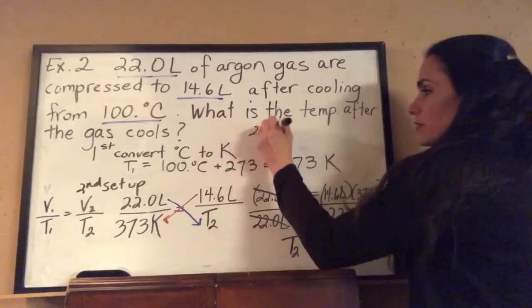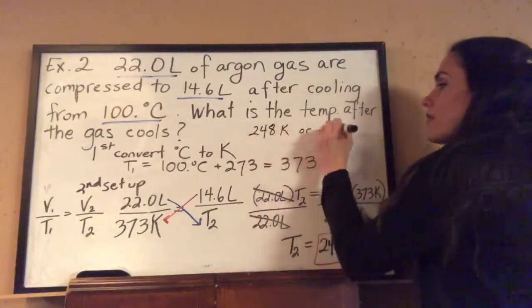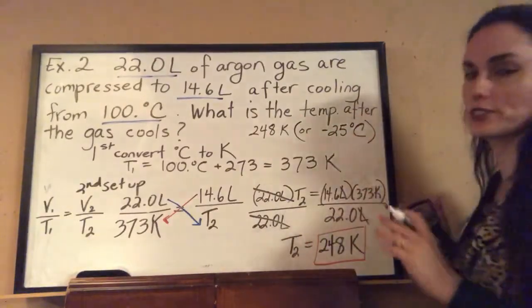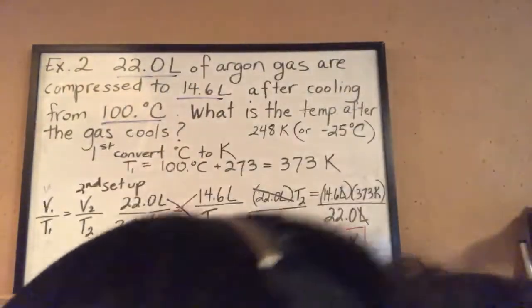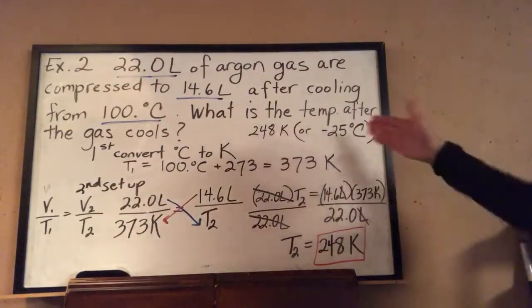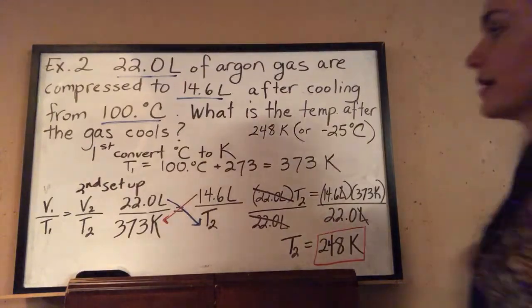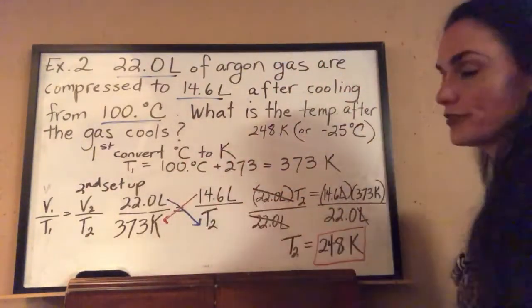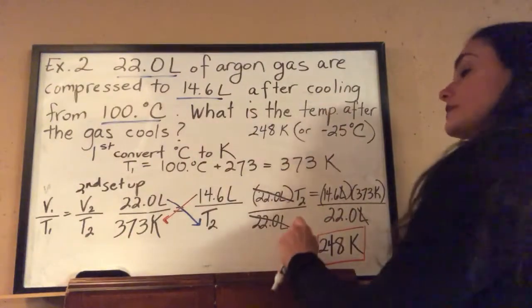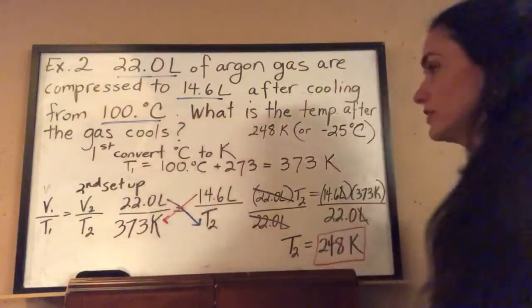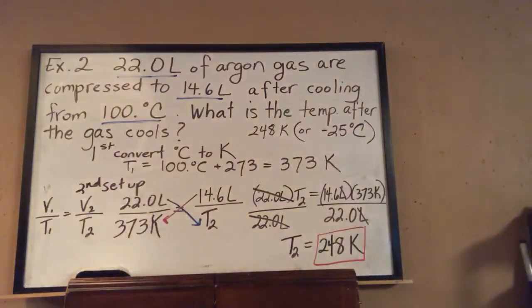So it would be 248 Kelvin or negative 25 degrees Celsius. If you were asked to convert it back into Celsius, okay? But you were not. But if you were, that's how you would do that, okay? Because remember, to go from Celsius to Kelvin, you add 273, but to go from Kelvin back to Celsius, you subtract 273. Okay.